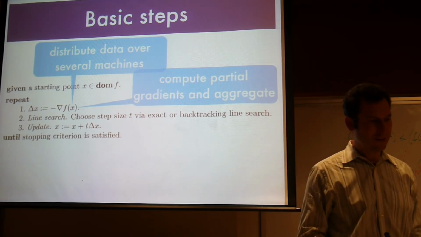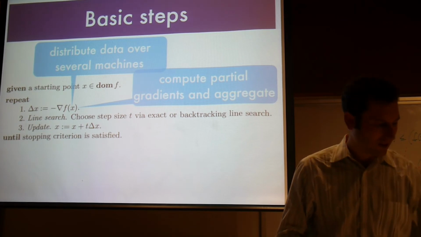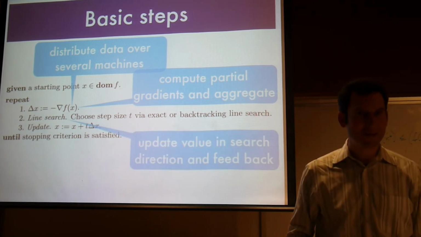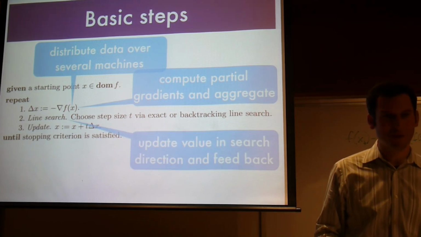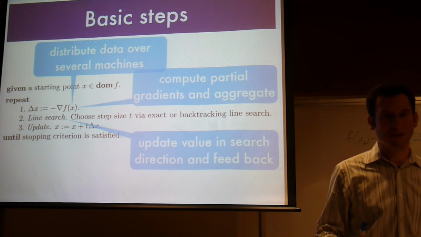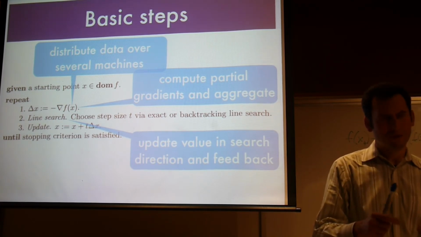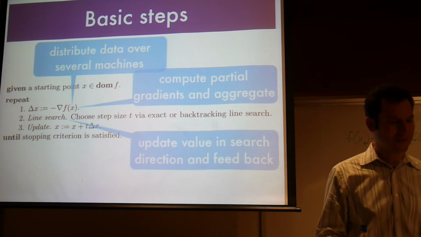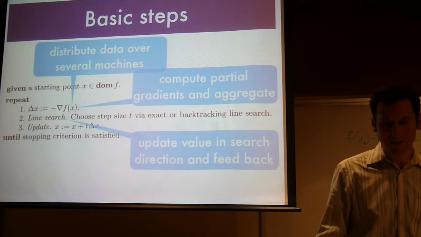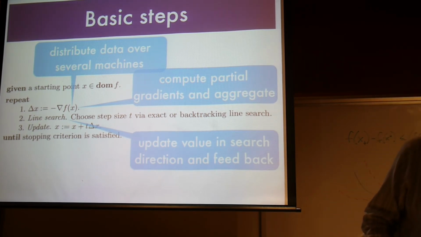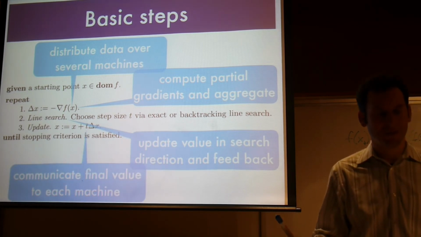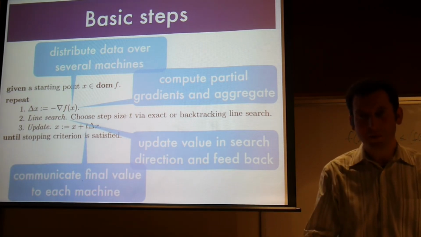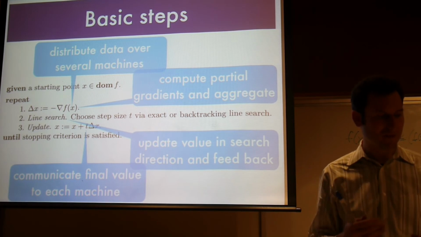The next thing is to perform a line search. That means I need to go forwards and backwards between a central machine and those individual machines to perform that stepwise analysis. And then in the end, I communicate back to some final machine to get all the values, update the new parameters and push them back.